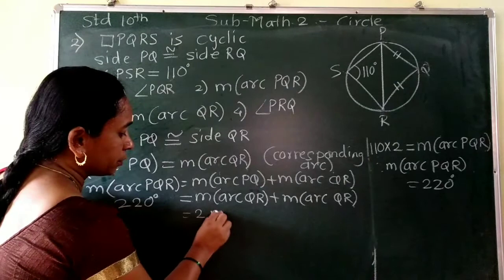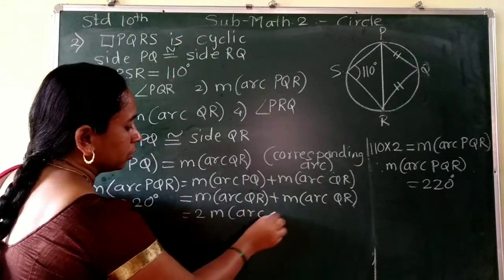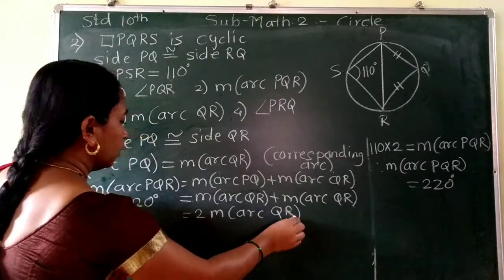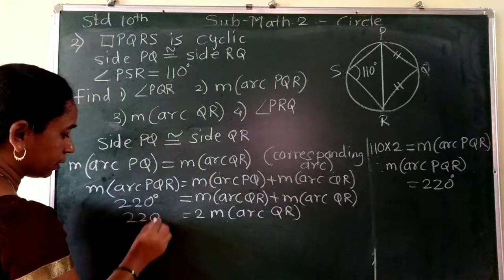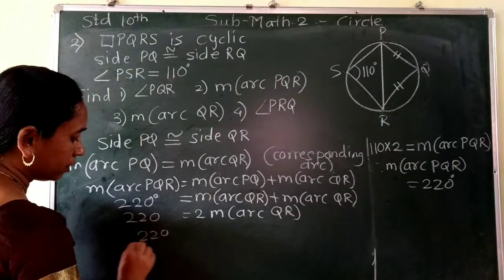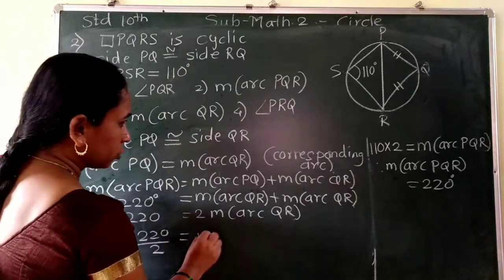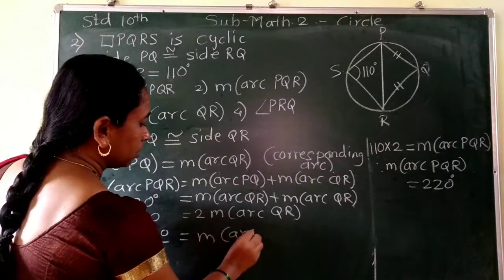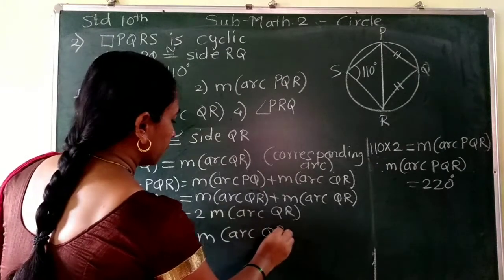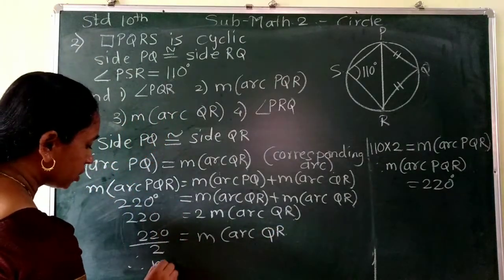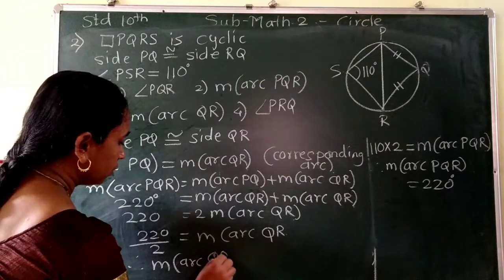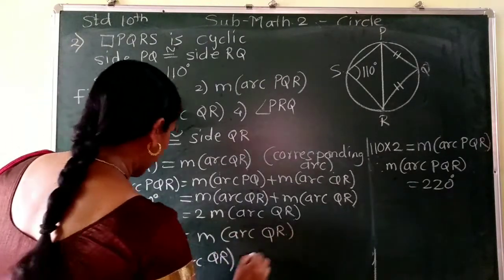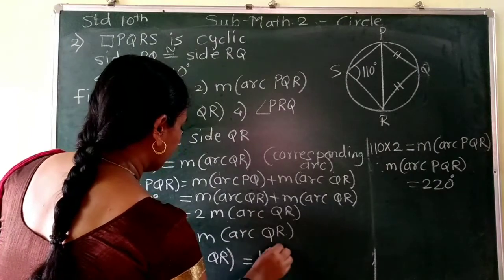So 2 times the measure of arc QR. To get the answer, transfer it to this side, so we get 220 divided by 2 is equal to the measurement of arc QR. Therefore, the measure of arc QR, if you divide it, we get the answer 110 degrees.